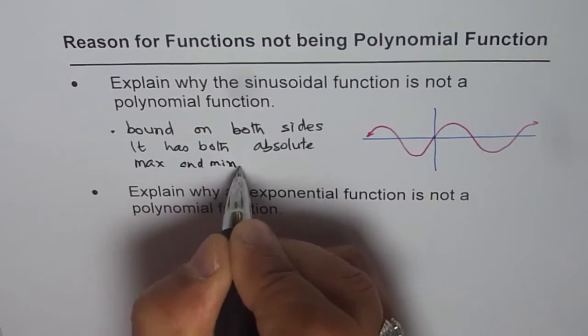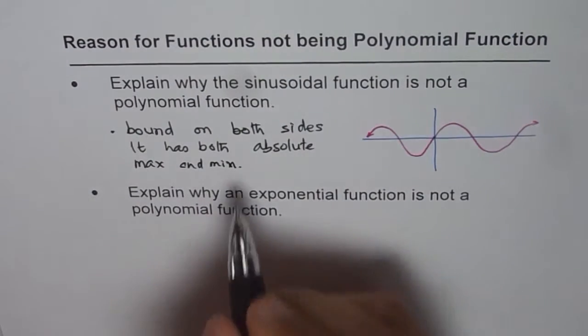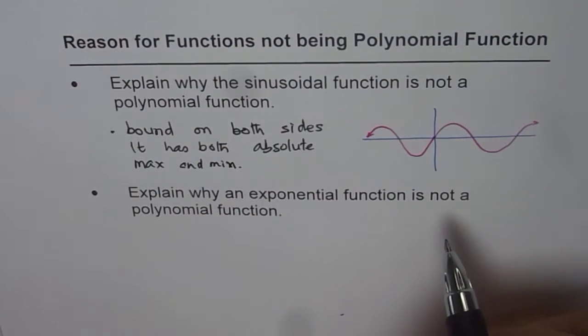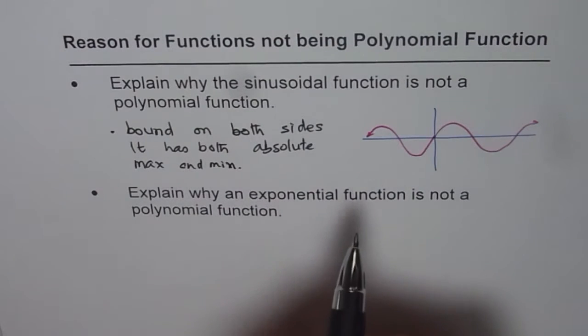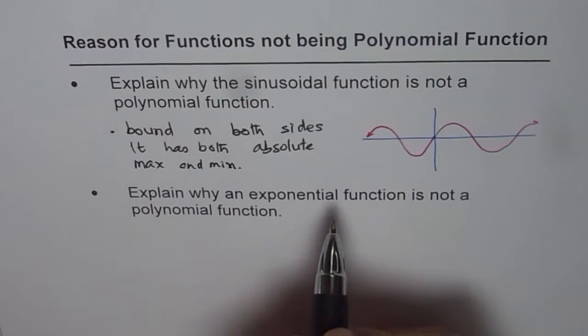So that is troublesome. A polynomial function, however, can be bound only from one side. That is the reason that it is not a polynomial function, right?